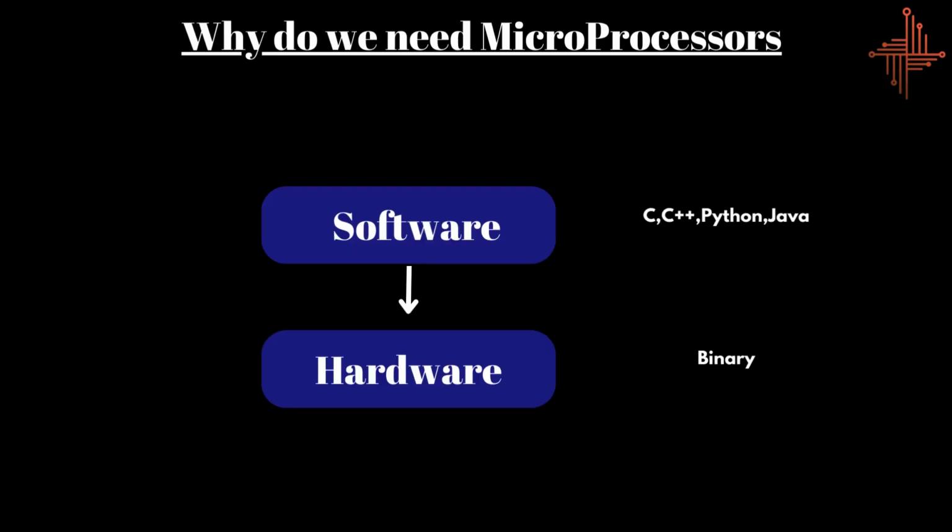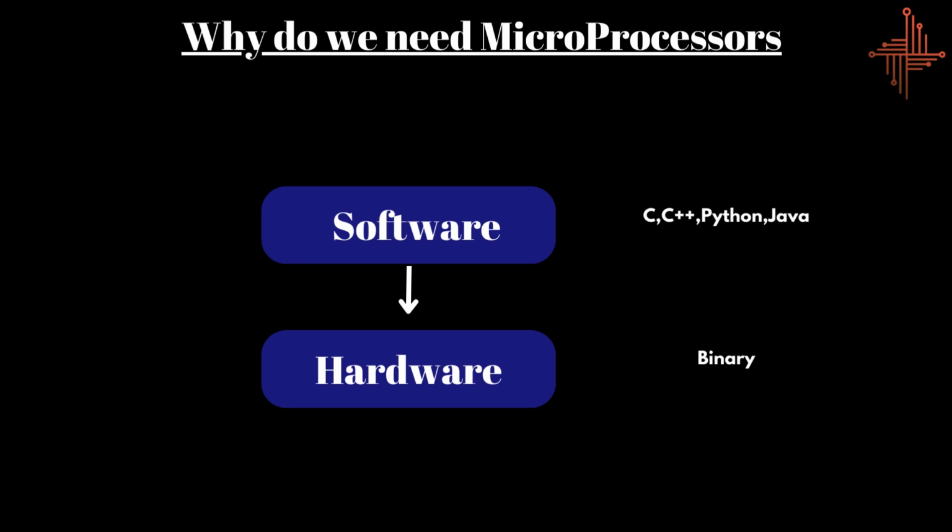So the question that arises in our mind is, why do we even need processors? At the end of the day, our software has to communicate with the hardware. And our software is written in languages like Python, Java, C++, Perl, JavaScript, and many more.